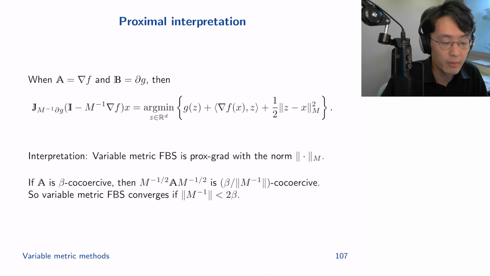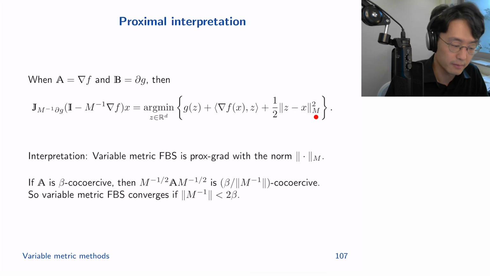Here we are minimizing the convex function g, and added to that is a first order Taylor expansion of the function f about the point x, and then we have a proximal term, but here the proximal term is not in terms of the Euclidean norm, but rather it is in terms of the M norm. So again, the variable metric FBS is the proxgrad method with the M norm instead of the Euclidean norm.